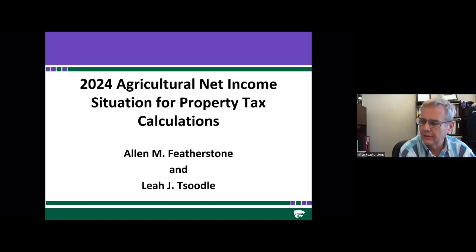What we're going to talk about is the agricultural net income situation for property tax calculations. I think it's always good to review how the formula works. We're in a situation where the landlord net incomes for property tax calculations are going down.